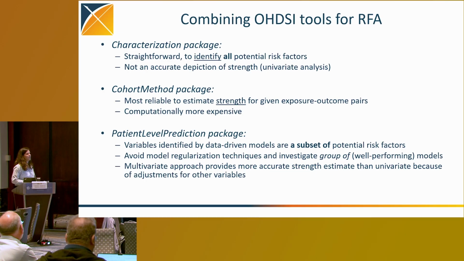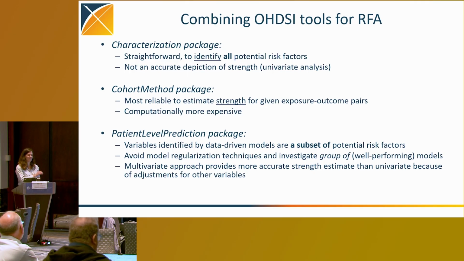And then finally, the patient level prediction package. Although I already said earlier you should not use it, reality might be that you are actually developing a prediction model for another reason. And so it is not wrong to interpret those as risk factors. Those could be risk factors. It's just important to realize here that it is a subset of the potential risk factors.